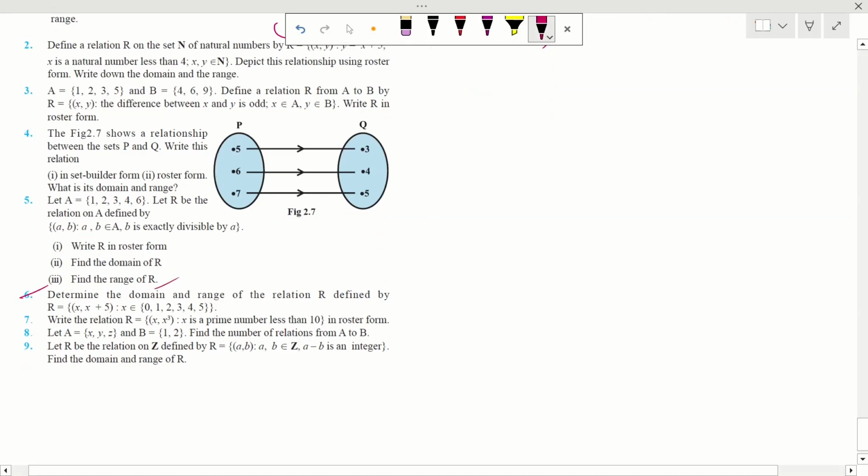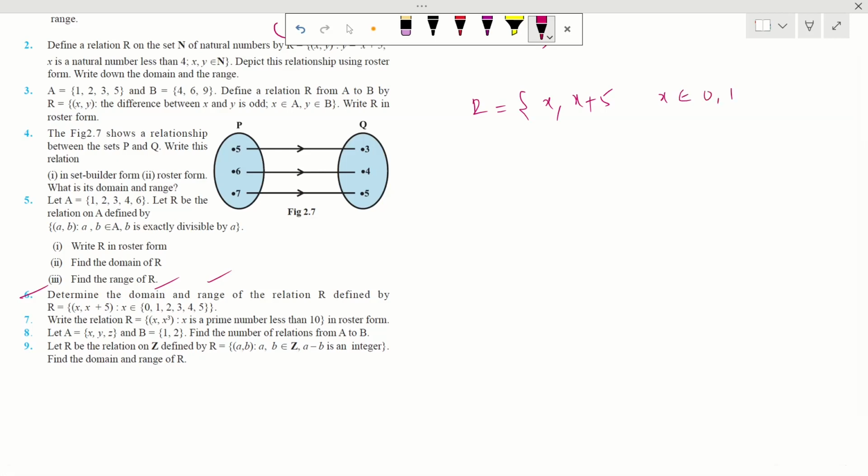Determine the domain and range of the relation defined by x comma x plus 5, where x belongs to 0 1 2 3 4 5. So here R is given as x comma x plus 5. This means x is the first element and x plus 5 is the second element, that is y.